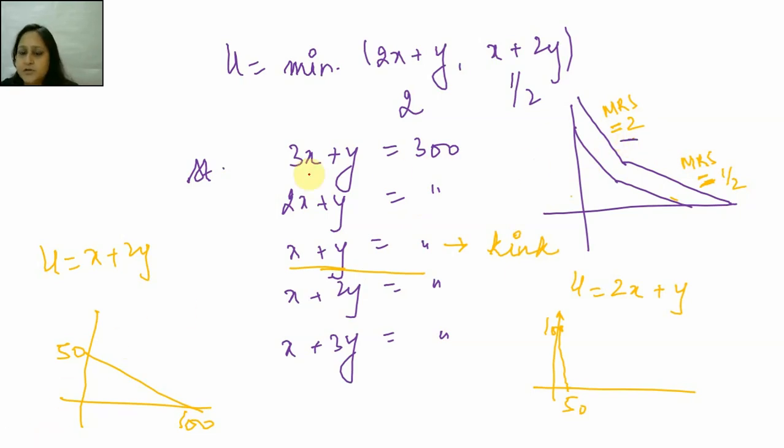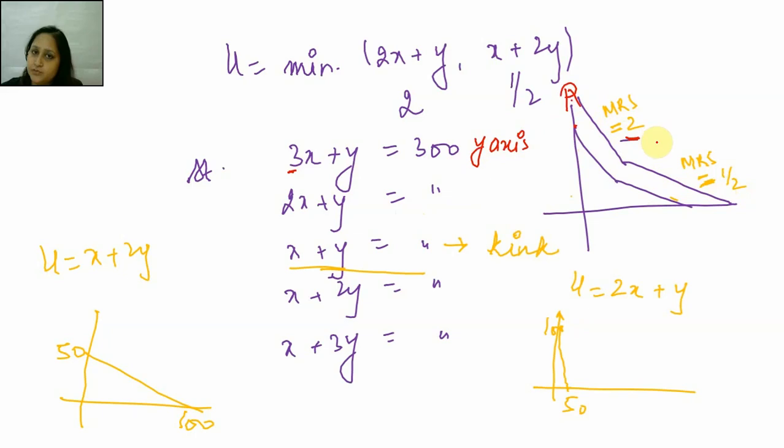So my MRS is 2 here, my P1 by P2 is 3 here. So अगर मेरा MRS जो है वो P1 by P2 से कम है, तो ये तो कम होगा ही होगा ना. You know, if it's lesser than this, then this is definitely lesser than this, क्योंकि obviously 2 is less than 1 by 2. So if my MRS is less than P1 by P2, which is 3 here, then I'll be consuming on the y-axis, which is this point, or if I extend it, this point right here.